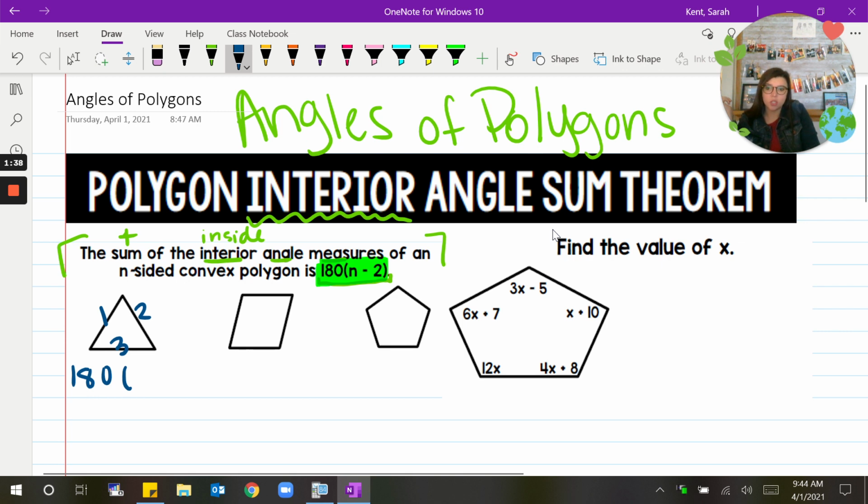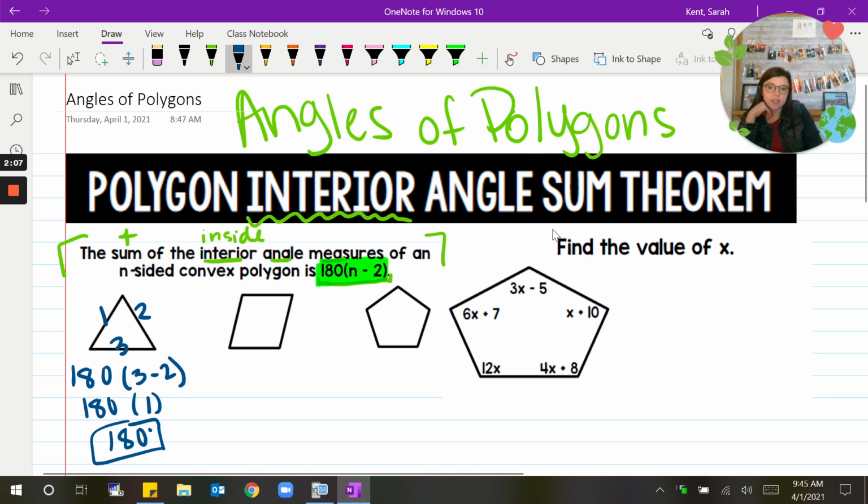So here we have 3 sides, minus 2. 3 minus 2 is 1, and 180 times 1 is 180. And if you remember from when we looked at triangles, we said all three angles add up to 180. So this is looking at what we had learned before.